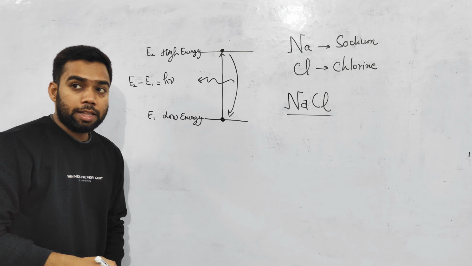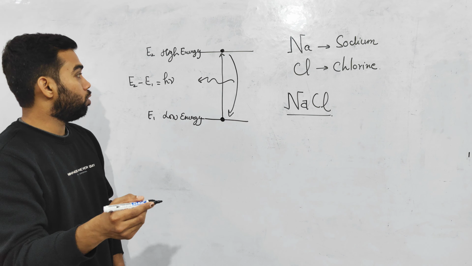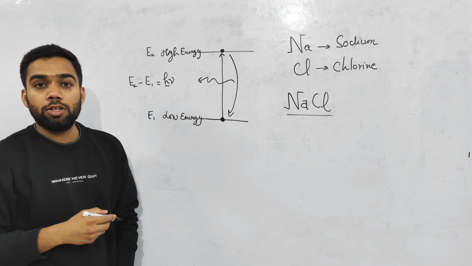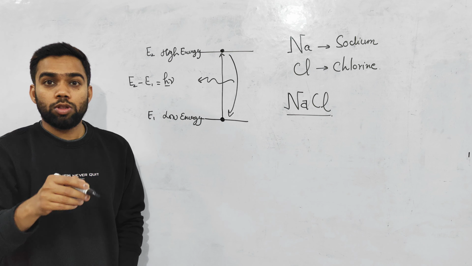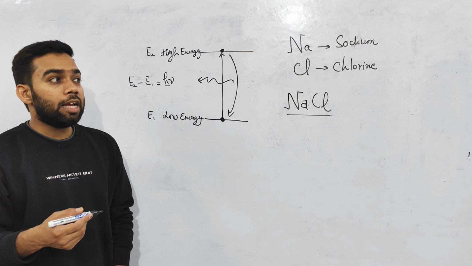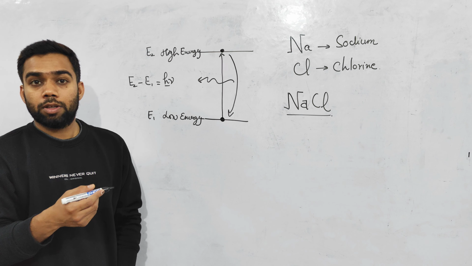So the difference in the energy levels is equal to Planck's constant times the frequency of the emitted radiation. Now the yellow light which we observe in the clip is characteristic of sodium.